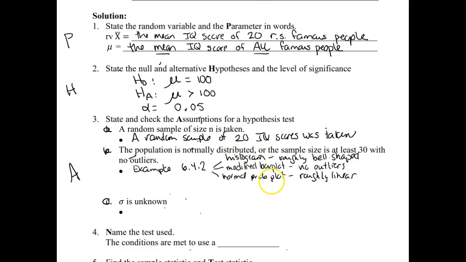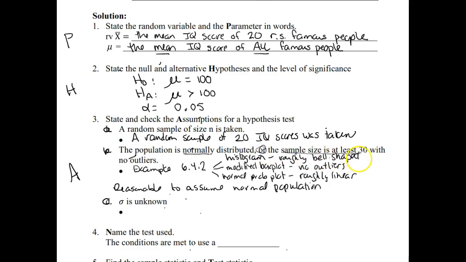So because all of those conditions checked out, it's reasonable to assume that this data came from a normal population. In here we either need a normal population or a sample size of at least 30. Well, we don't have a sample size of at least 30.